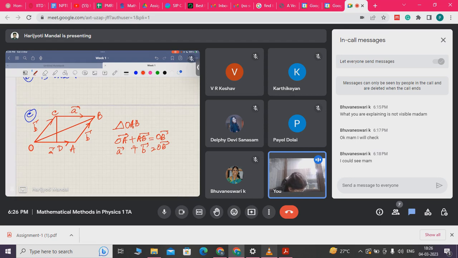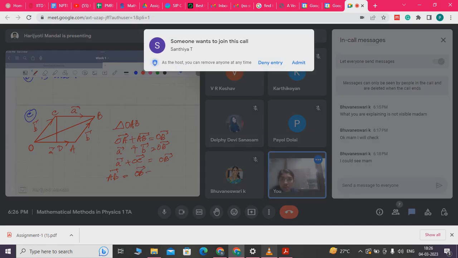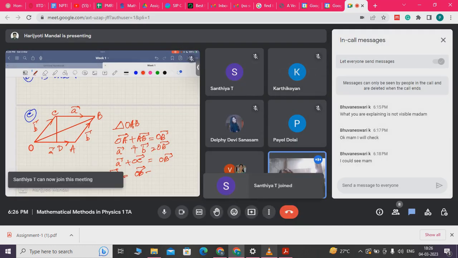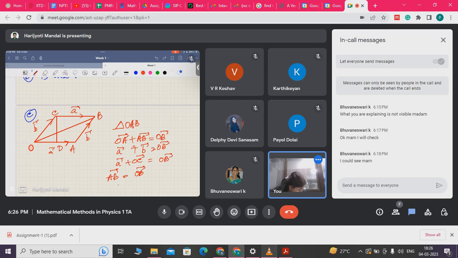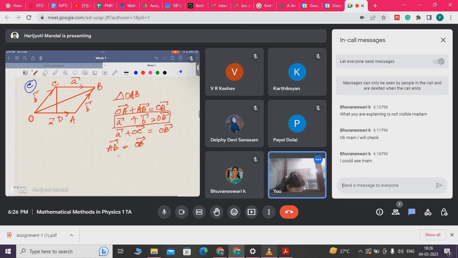And we also know that AB is also OC. So OB is equal to A plus B.